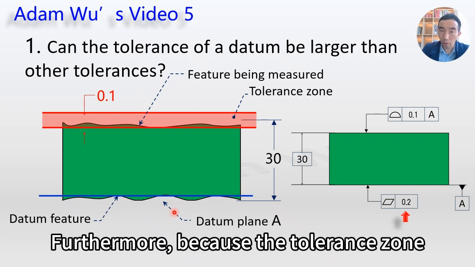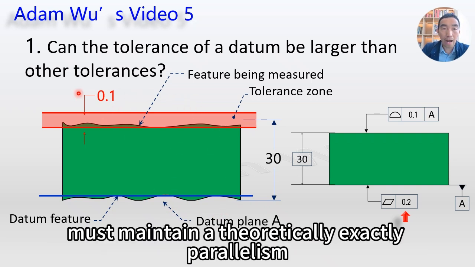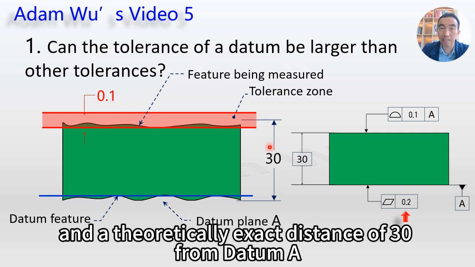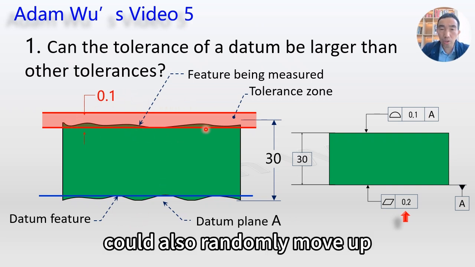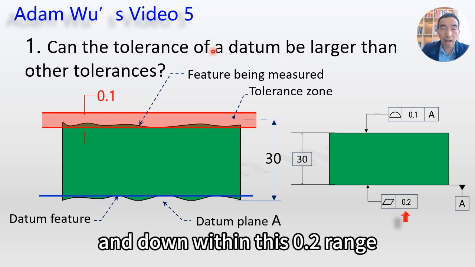Furthermore, because the tolerance zone must maintain a theoretically exact parallelism and a theoretically exact distance of 30 from datum A, they believe that the tolerance zone could also randomly move up and down within this 0.2 range.